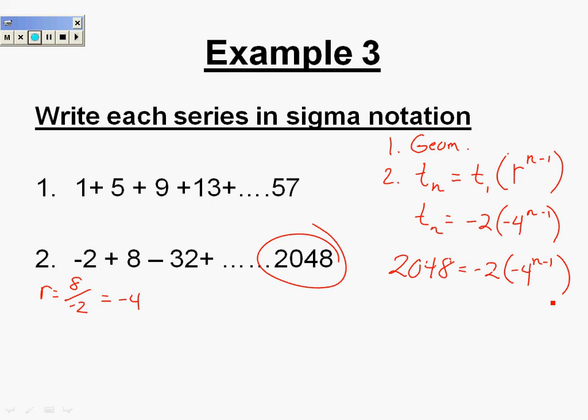So we're going to have to think back maybe like a month ago. You divide by the -2 first. And that's going to leave us with -1024 equals -4 to the n minus 1. This is all step 3, by the way.